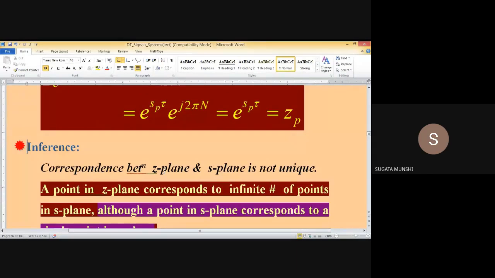A point in the S plane corresponds to a single point in the Z plane, while for a point in the Z plane, if you want to find out whose image it represents, there will be no single answer. An infinite number of points can be there.